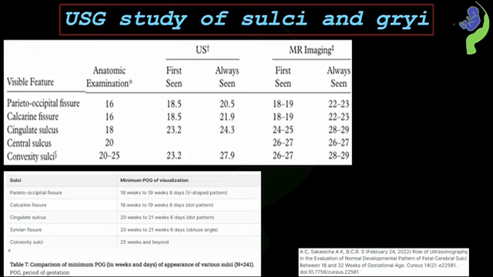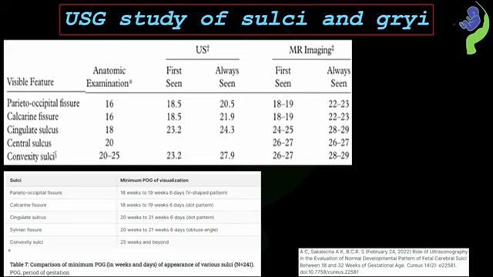The second table summarizes the minimum gestational age at which these sulci can be detected. The most important takeaway from the slide is the always seen column under ultrasound. This column indicates the gestational age by which each sulcus should consistently be seen on ultrasound in a normally developing fetus.